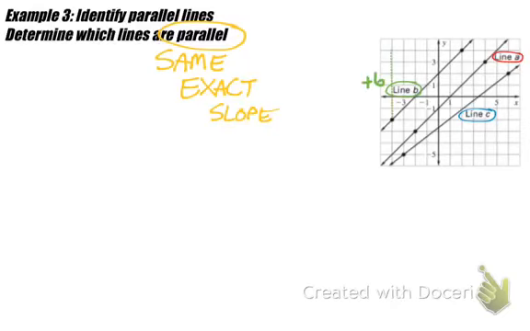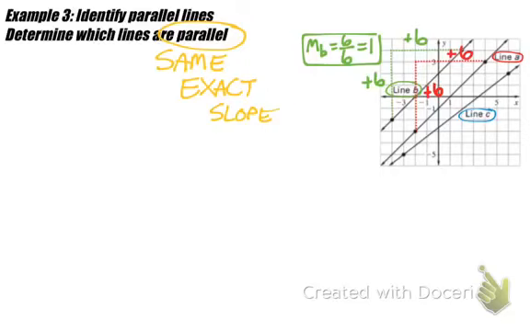We go from this point on line B and rise all the way up to the same level as the other point we're looking at. We've moved up 6 units, so our rise is 6 and our run is 6. The slope of line B is 1, made from 6 over 6. For line A, we rise 6 from this point to get to that same level, and we run 6.